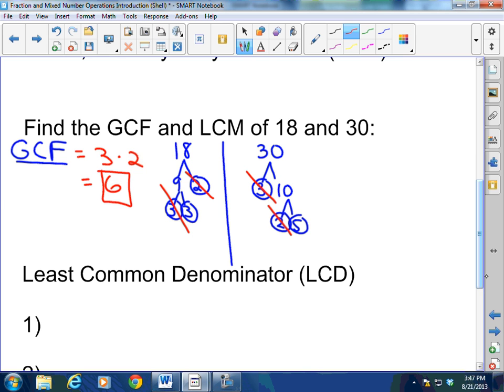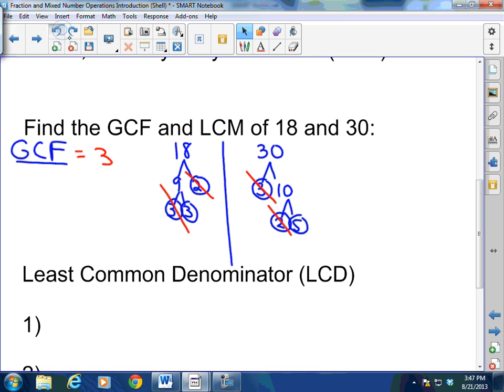This 3, there's no other 3s, so I can't take out another 3. And there's only one 5, so I can't take out that 5. So my GCF is the product of the values that you found pairs for, and every pair comes out as one of that value. Let me just do that again, just to make sure you understand.